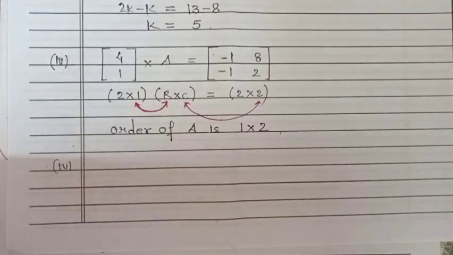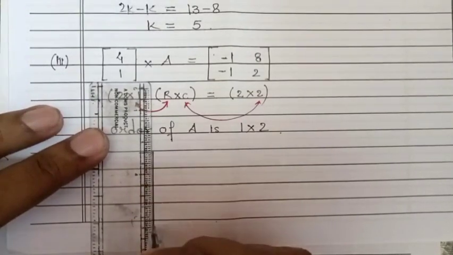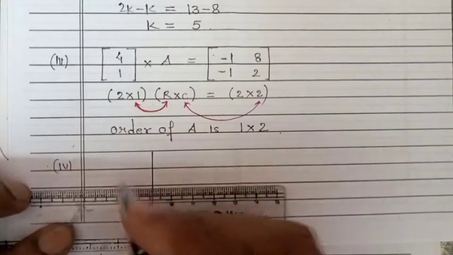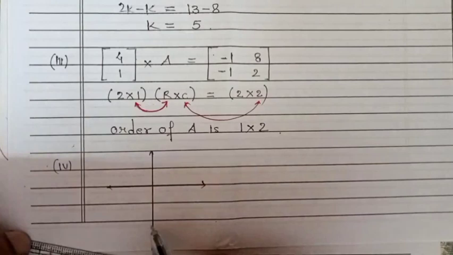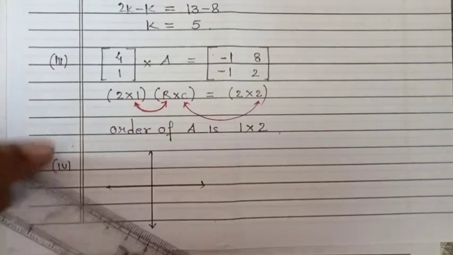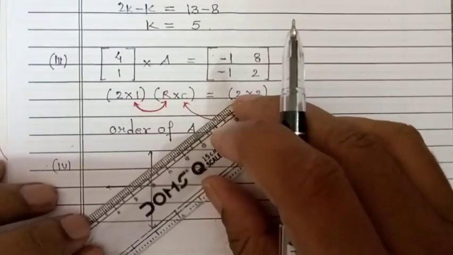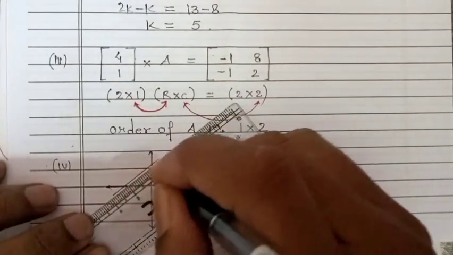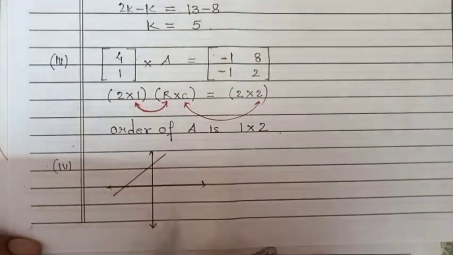If I draw a rough sketch to help you understand, see, these are the coordinate axis. Now in case 1, they are saying the line is equally inclined to the coordinate axis. So we can draw a line like this. This line is equally inclined to the coordinate axis.